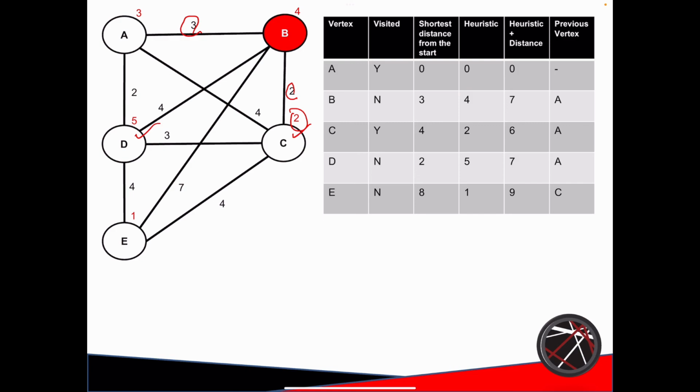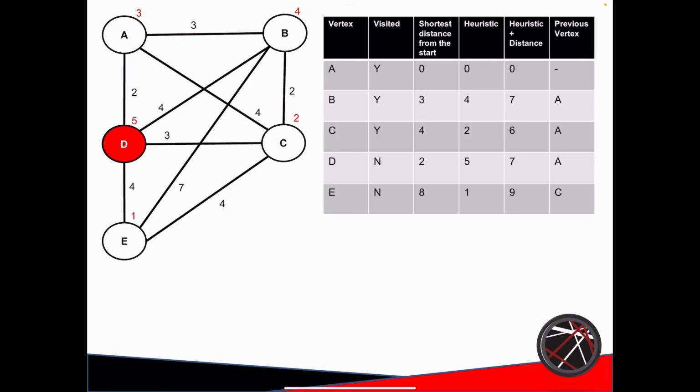So to get to C is 7, which is more than the 6 that we already had, so we're going to leave that. We then look at the D, so is the 3 plus the 4 plus 5, so 7 plus 5 is 12, so to get to D is a lot more expensive. We're just going to ignore it and leave it. In other words, we visited B, we didn't make any changes to the table.